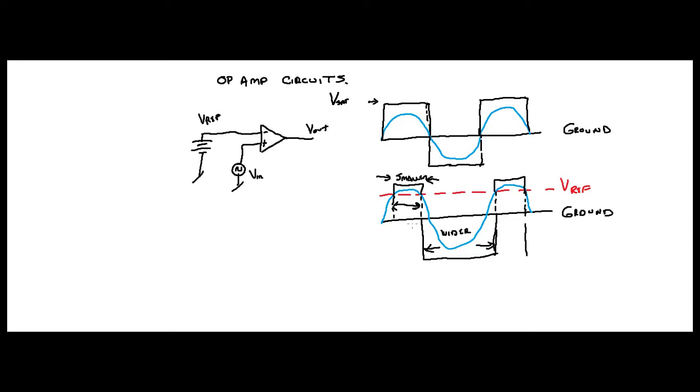This is basically just comparing 2 signals to one another, and you can see how it can affect the output waveform quite dramatically. All right, so next I'd like to talk about noise and how noise would affect this circuit.